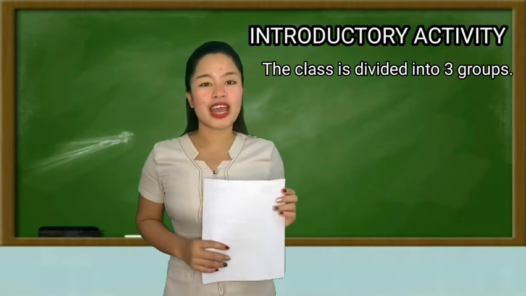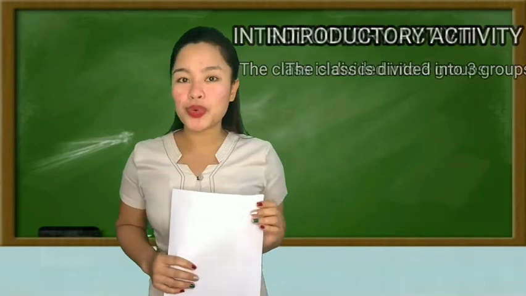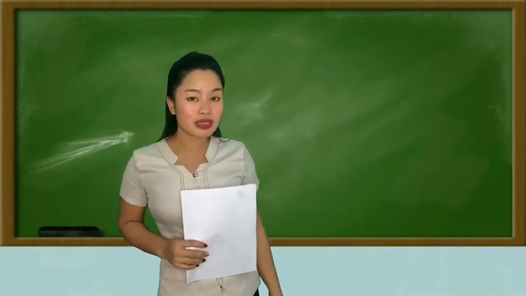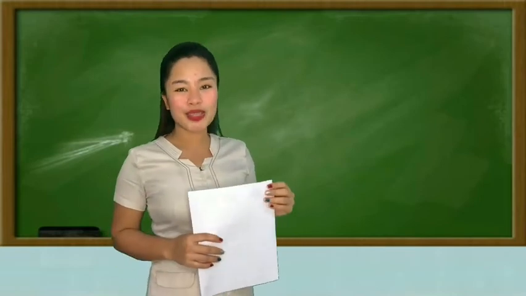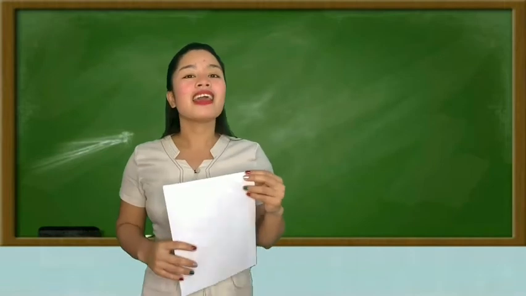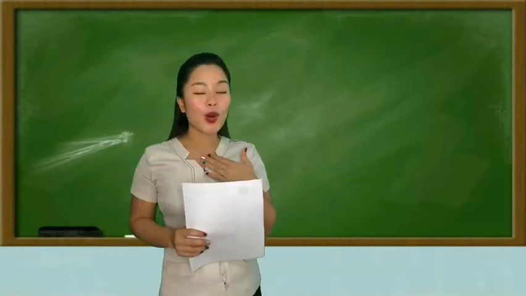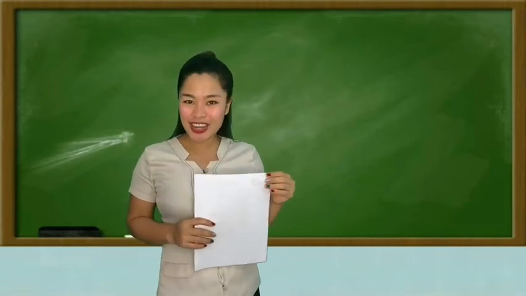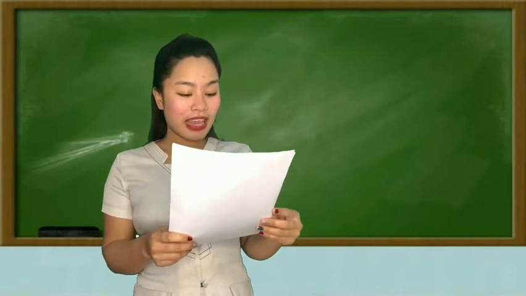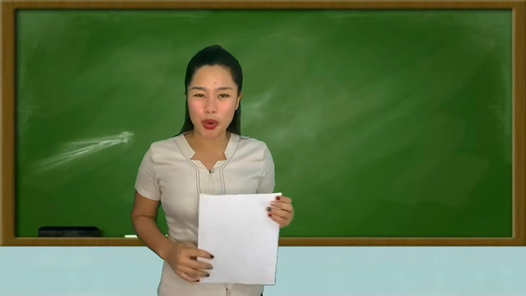As I have said earlier, you need to be ready. You need to open your ears. You're going to listen to everything that I am going to say. And you need to be fast in executing what I am going to tell you. Are you ready? Okay, so I am going to read you a story.